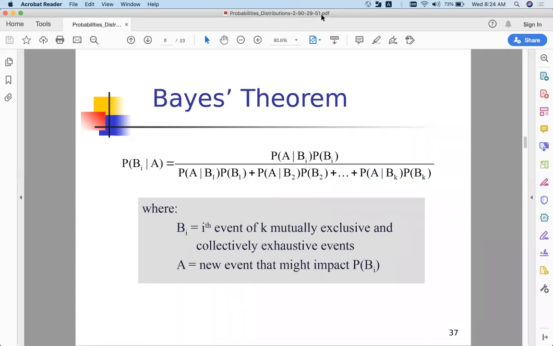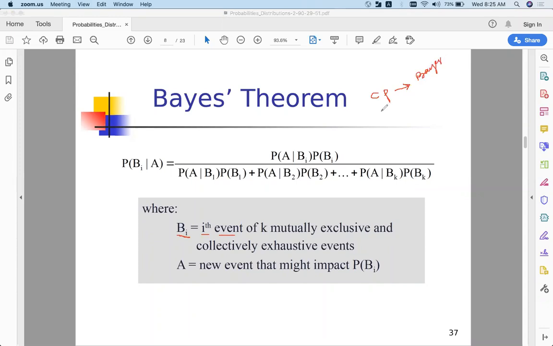What Bayes theorem is trying to explain is, let's say Bi means the ith event. The extension of conditional probability is Bayes theorem. In conditional probability you have events A and B, right?